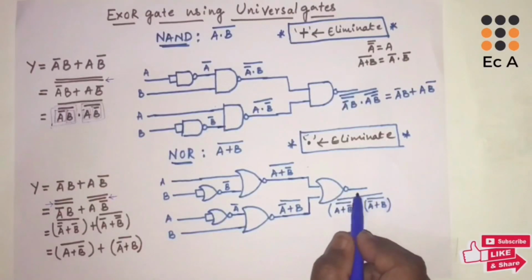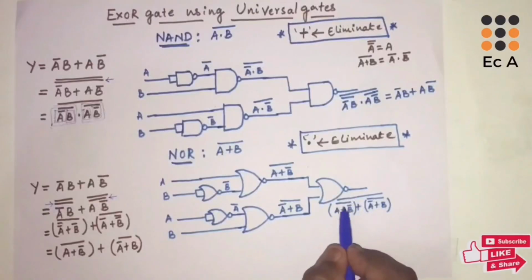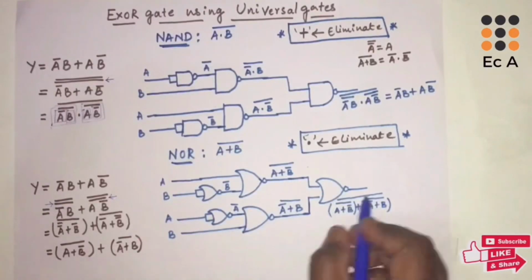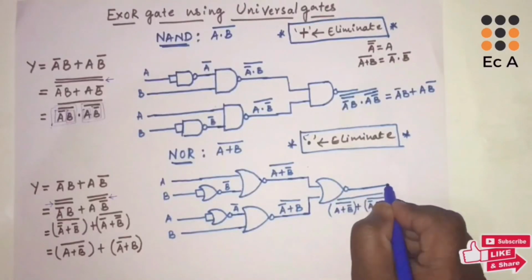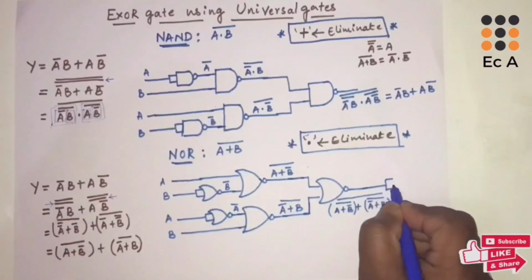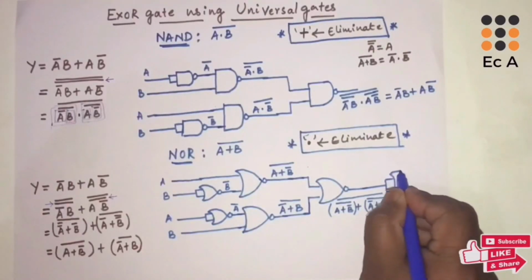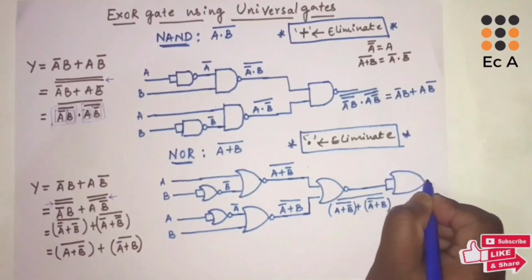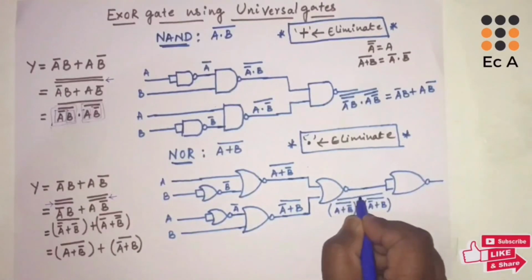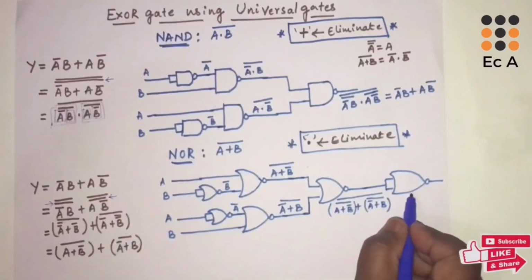So we need to take the complement of this term to get the final output. We will connect a NOT gate here, using a NOR gate, to eliminate that bar. So to eliminate the whole bar, we will connect a NOT gate.